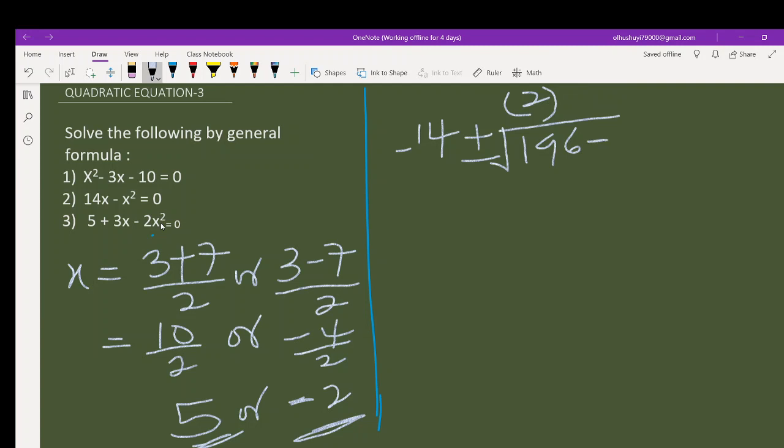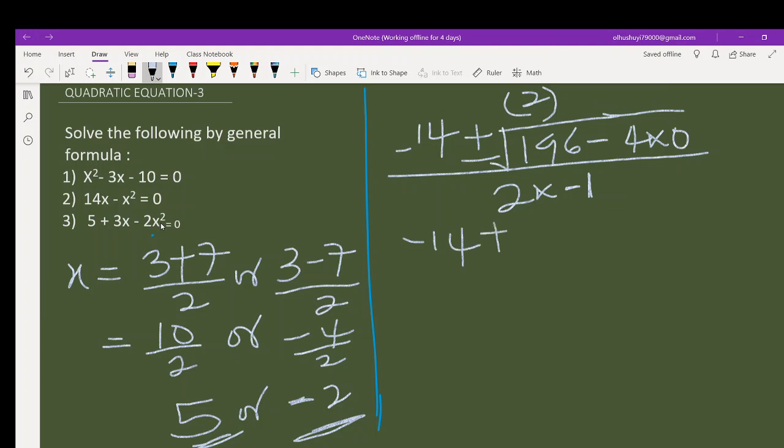Then minus 4ac. That is 4 times 0, there is no c. Everything divided by 2 times minus 1. Do you get that? So that will become minus 14 plus or minus the square root of 196, see this one is 0, and upon minus 2.